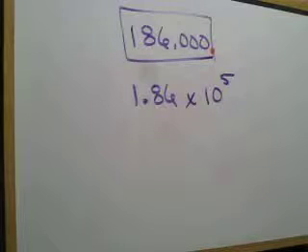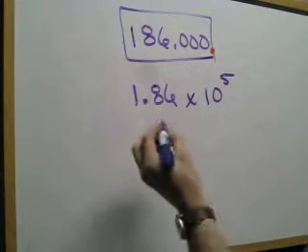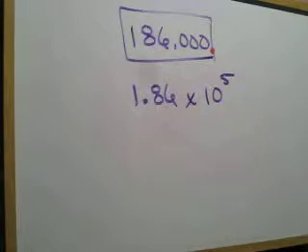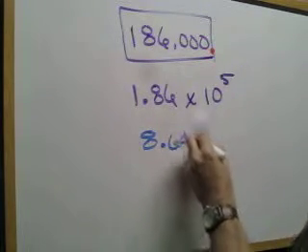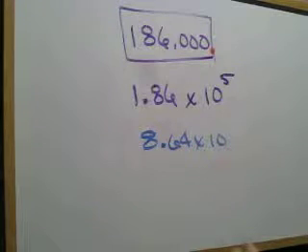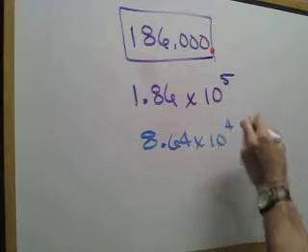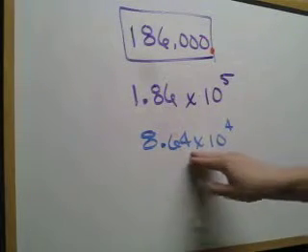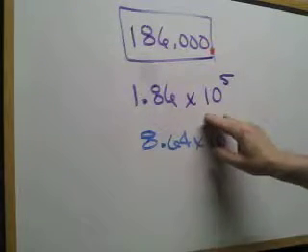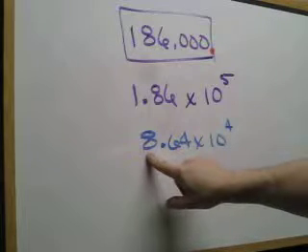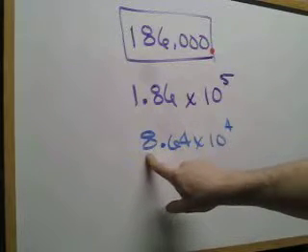If I have a number such as 8.64 times 10 to the 4th, that number is in scientific notation. That's what scientific notation looks like. Whenever you see a number, the number to the left of the decimal is a number less than 10.